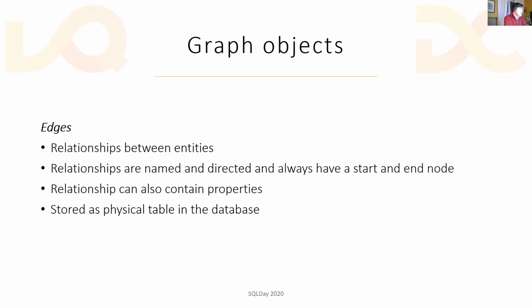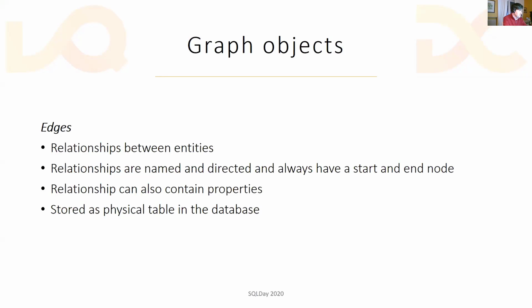Edges are relationships between the entities. So once you have two entities, people and roles, for instance, you have an entity because Adam is a business analyst. So the relationship between the person and the role is the edge.